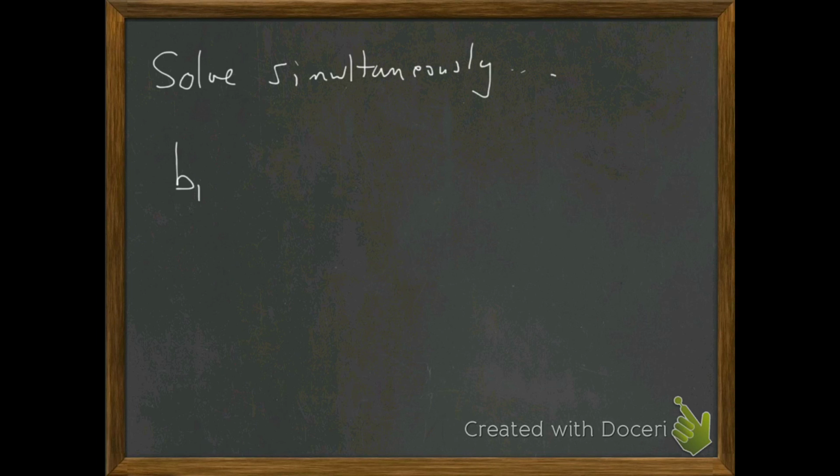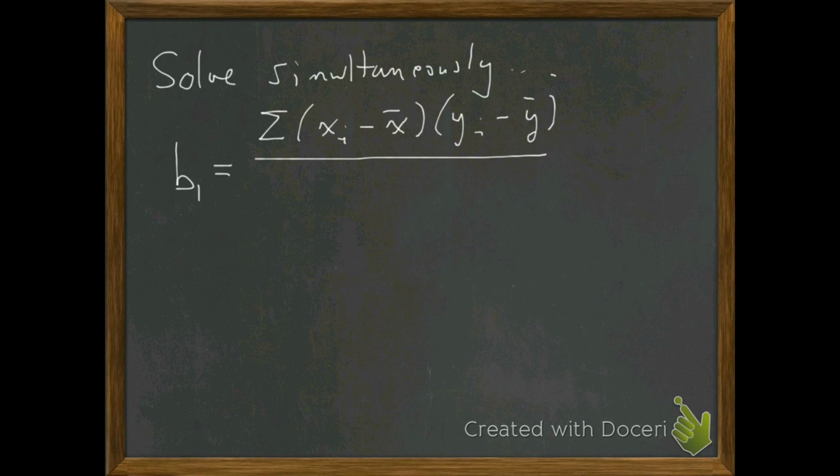That we can get b1 is the sum of the x sub i's minus x bar times the y sub i's minus y bar over the sum of x sub i's minus x bar squared.